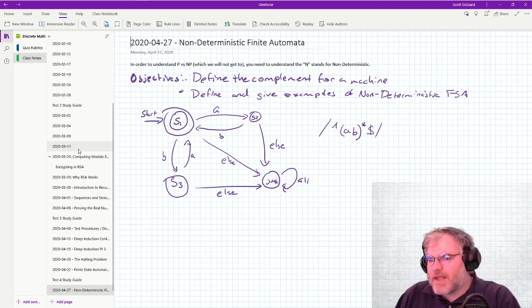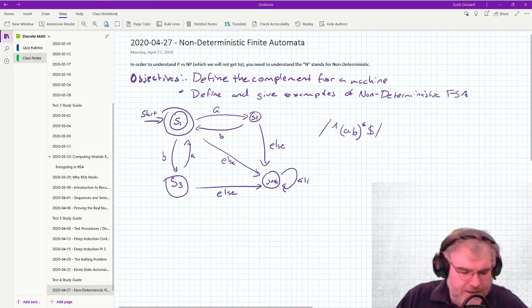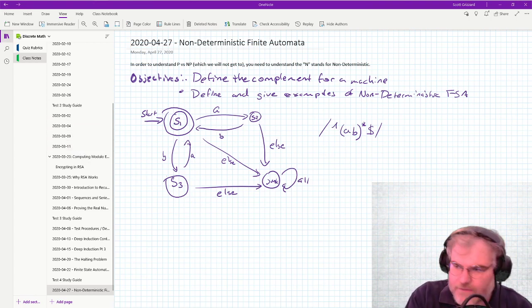Does everyone agree with that? 1 to 5? How do we feel about that? The connection between those two things?